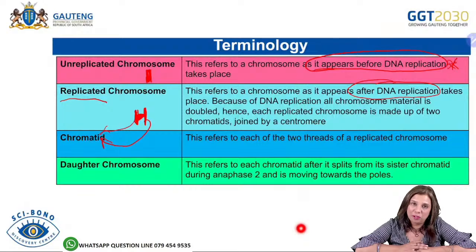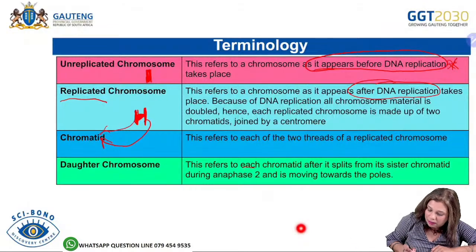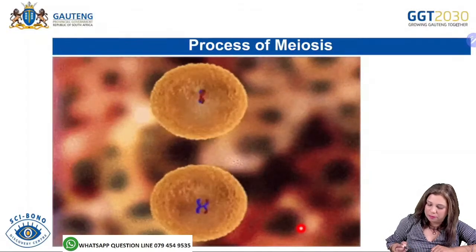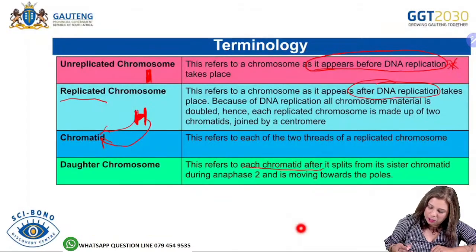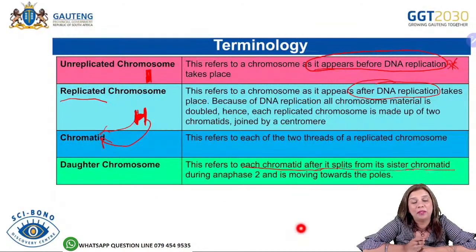So the daughter chromosome is exactly what this is. It's each chromatid after it splits from its sister chromatid. Okay, so this is what happens during anaphase. So there's the daughter chromosome, there's the chromatid, the replicated chromosome, and the unreplicated chromosome.